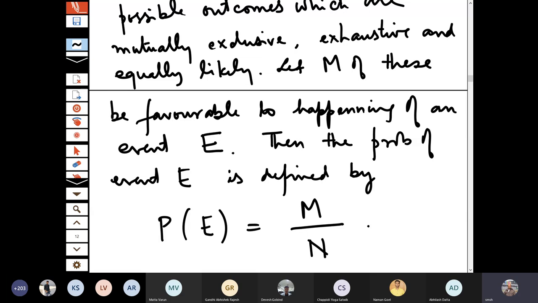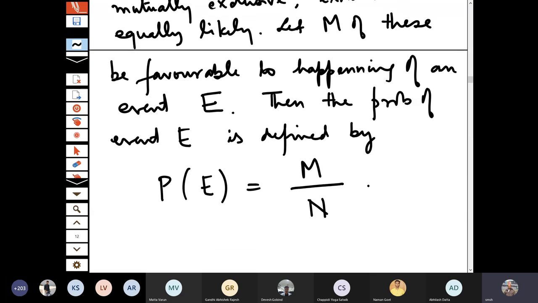So for example, if I say two fair dice are tossed, what is the probability that the sum is 5? If two dice are tossed, the total number of possibilities is 36. For a sum of 5, you look at 1 and 4, 2 and 3, 3 and 2, and 4 and 1. So there are 4 favorable cases, and the probability is 4 by 36, that is 1 by 9. That is the way you solve this kind of problems.